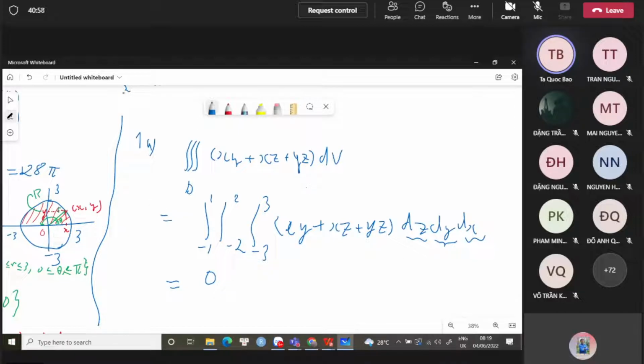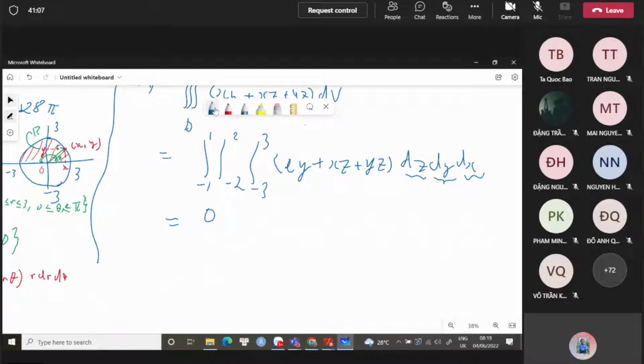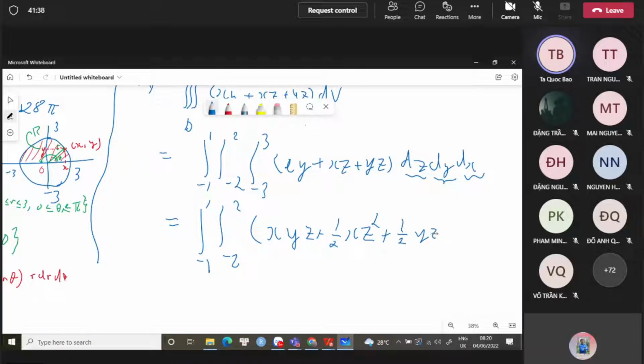If you want, I can give one more detailed step. So this is integration from -1 to 1, intervals from -2 to 2. And here in integration in dz, you can see it's xyz plus 1/2 x z power 2 plus 1/2 y z power 2.